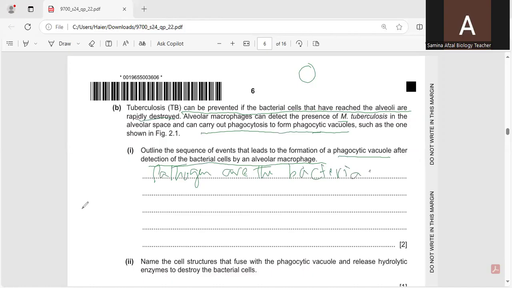When they enter the body, what will happen? The process of endocytosis takes place on their detection.